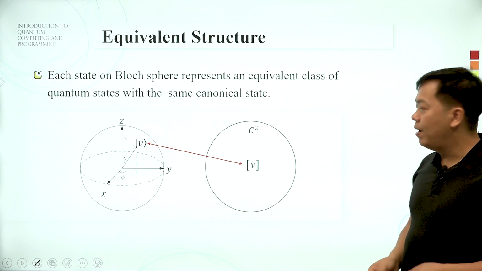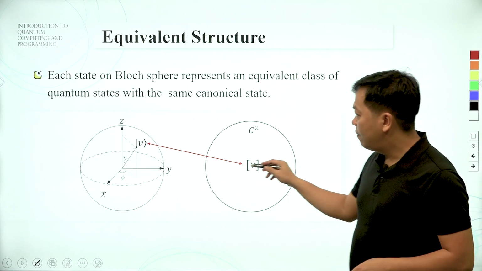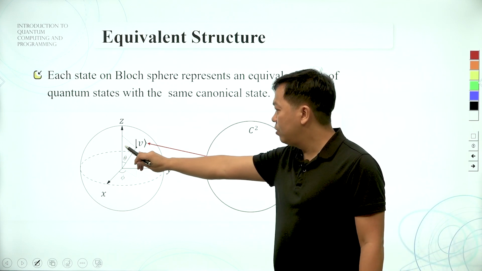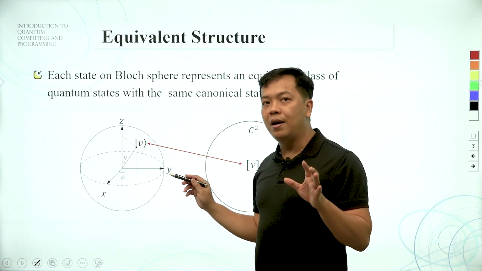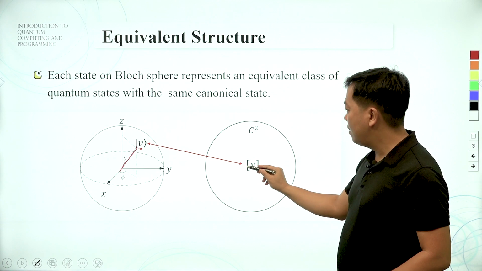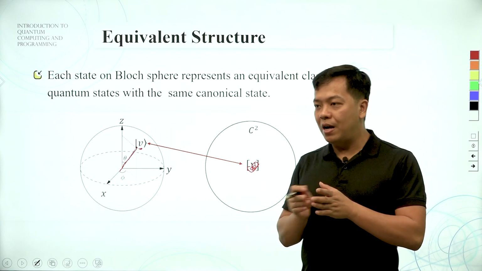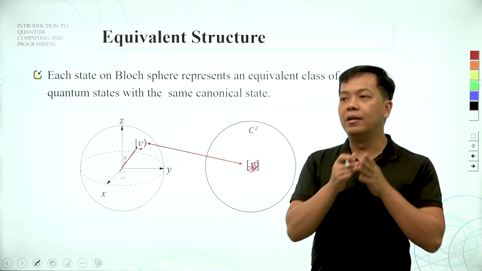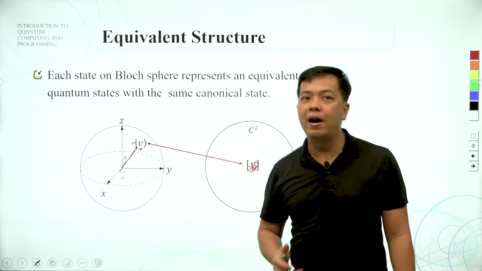So this is the final thing. If the two vectors u and v have the same canonical state, that means you can see the corresponding point between 3 dimensions and 2 dimensions. For example, if vector v and vector u have the same position in the Bloch sphere in 2 dimensions, then in 3 dimensions they will have the same position too.